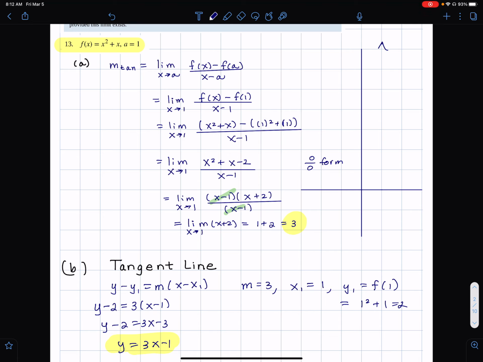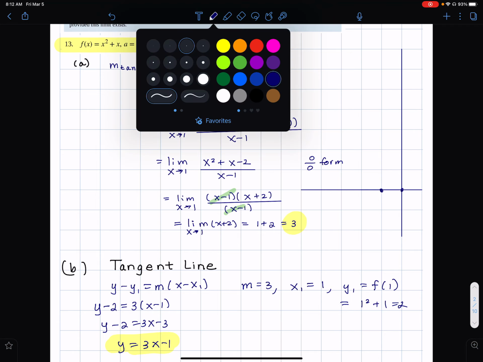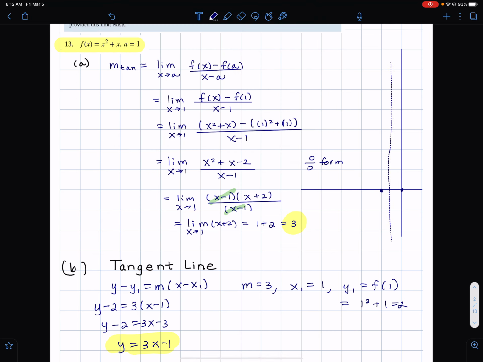If you set this equal to 0, you'll get the intercepts. I think the zeros are 0 and negative 1, and so the axis of symmetry would be right between them.